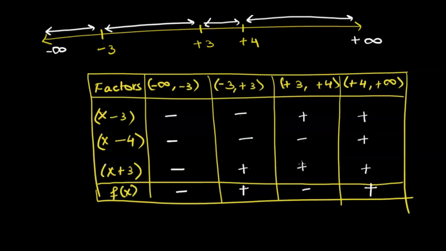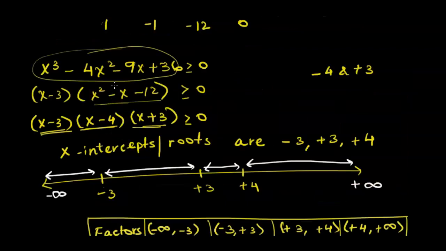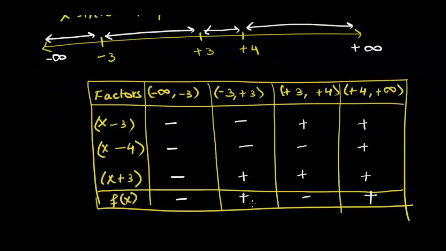For that, we have to go back and check what the question demanded from us. In the question, we see that the function has to be greater than or equal to 0. This means we are looking for x values that give us a solution greater than or equal to 0, that is, positive or equal to 0. So we will pick those intervals as the answer that give us a positive solution.